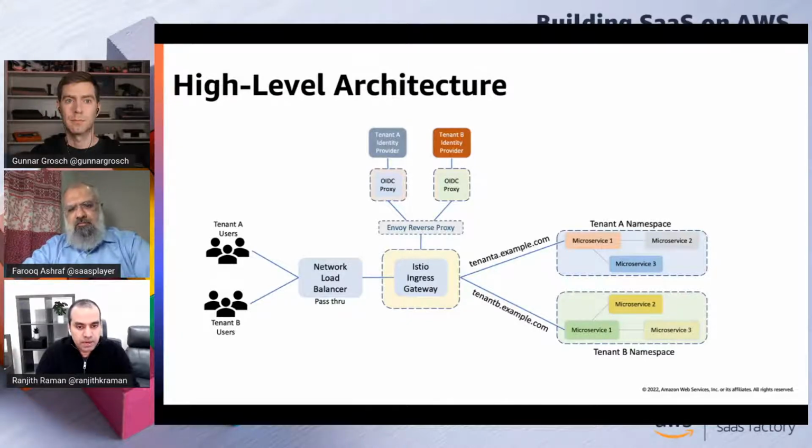Yeah. So just something real quick. Because we are showing the architecture, and there are some concepts that are very specific to Istio, I just want to take a minute, especially if there are folks that are new to Service Mesh and Istio.